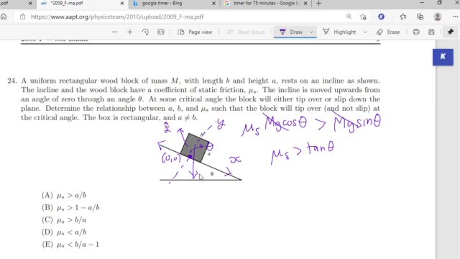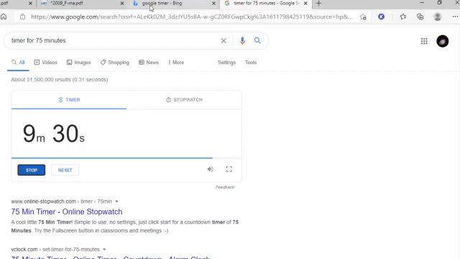And so, okay, this is getting a little trickier than I anticipated. Okay, let's actually just see if we can get on to the next problem.